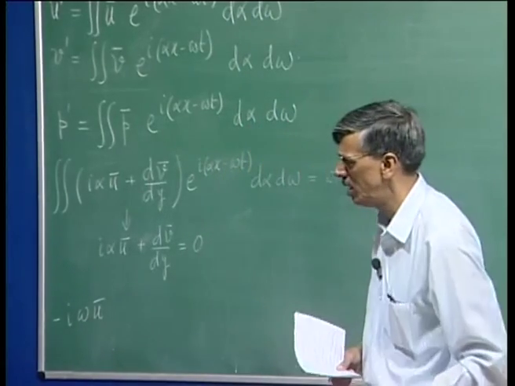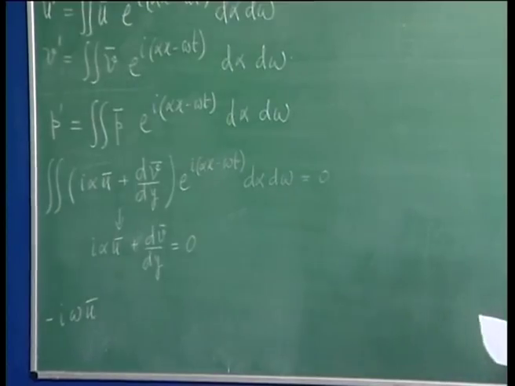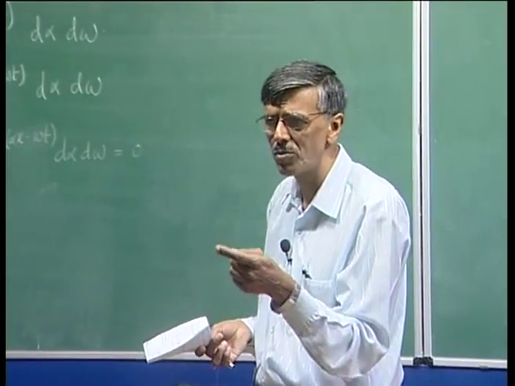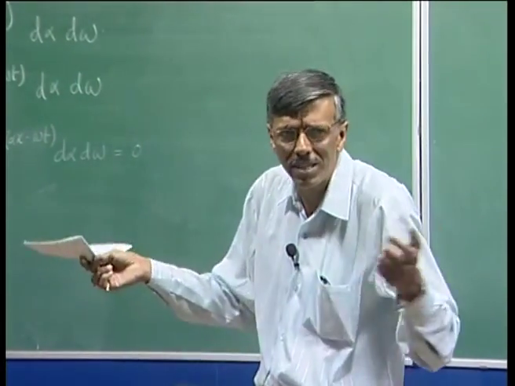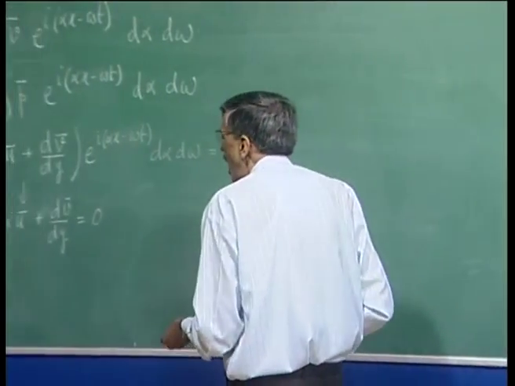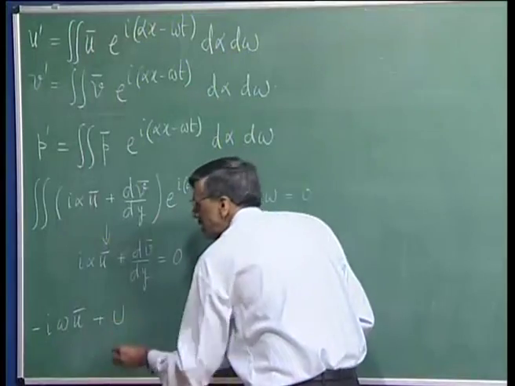That is the first term, del u prime del t. What about the following term? Capital U is a function of y only. So when I write down the Fourier transform with respect to x and t, it is virtually like a constant, right? So there I will have the capital U sitting there as it is.